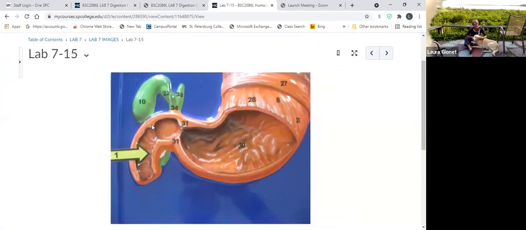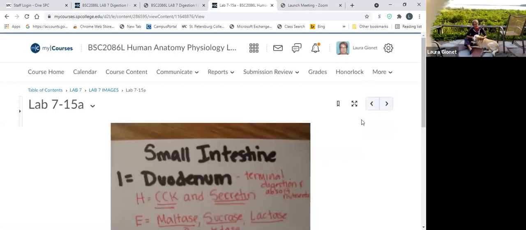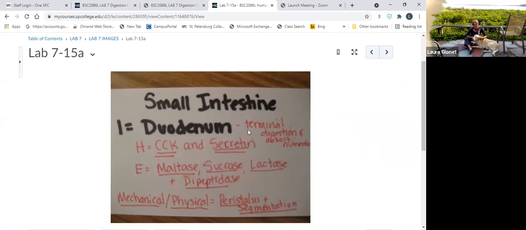Okay, and now we're into the small intestine. That particular region of the small intestine is the duodenum. We have 3 regions to the small intestine: duodenum, the jejunum, and the ileum. The duodenum is the terminal digestion and absorption of nutrients.